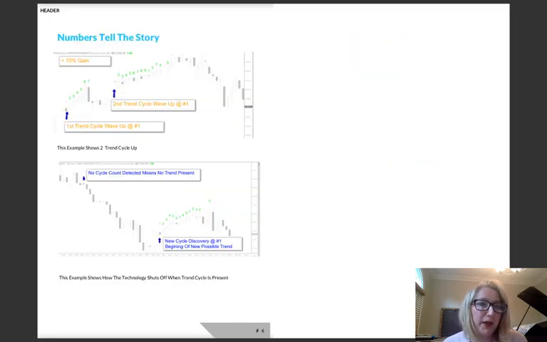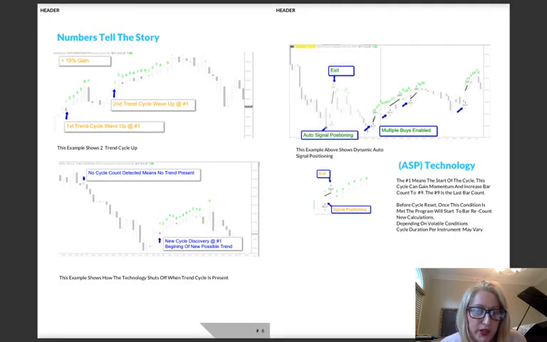Okay, page number 6. Numbers tell the story. So this is an example of how the technology shuts off when the trend cycle is present. Okay, so you have the first trend. You see the 1 on the upper left-hand corner here. That's the wave going up, and then it stops.